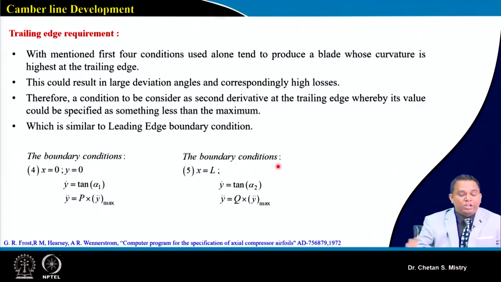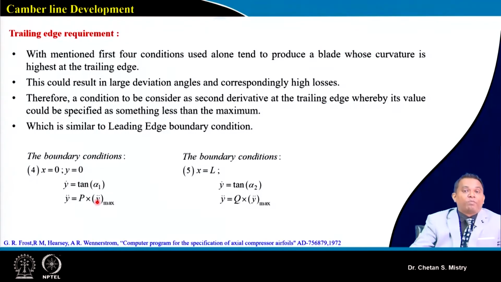So, we can write these boundary conditions as: at x equal to 0, y equal to 0, that is at the leading edge, the first derivative is tan alpha 1. This alpha 1 is the inlet flow angle, and y double dot, the second derivative, is P, some constant, times the maximum value of the second derivative.